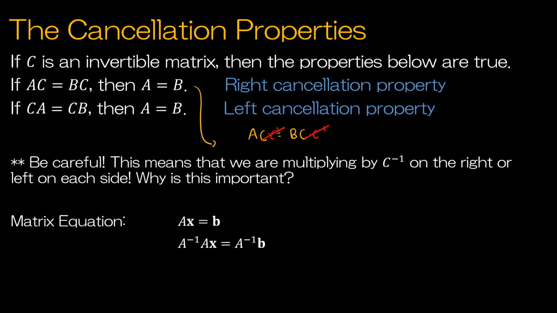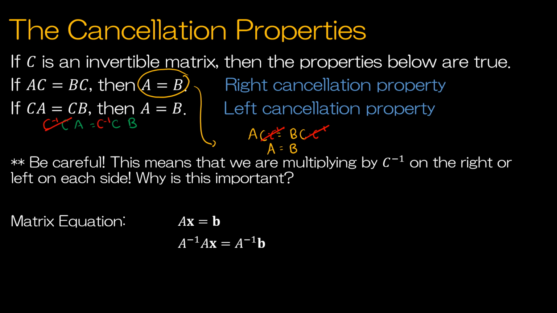So essentially that goes away and leaves me with A equals B, which is what they're telling me. If CA equals CB, so just as before, they're saying you must multiply on the left side by C inverse.